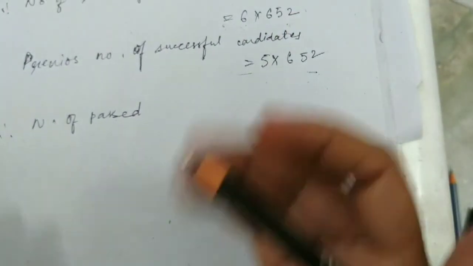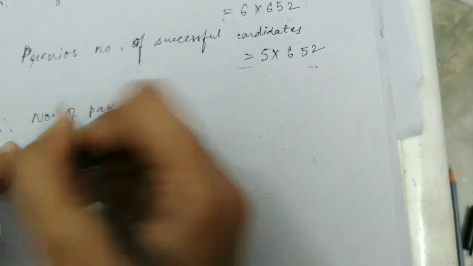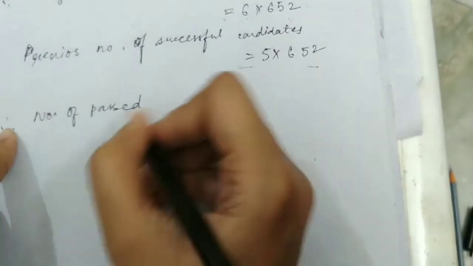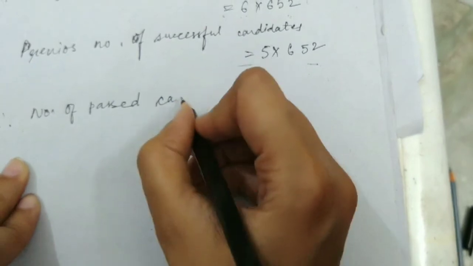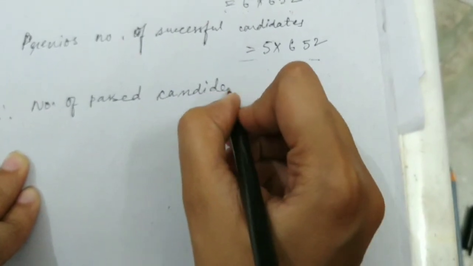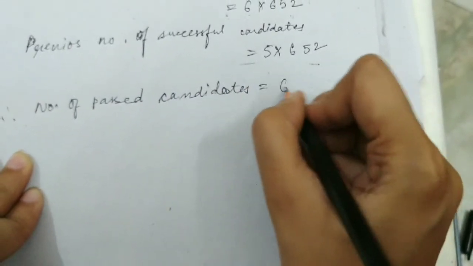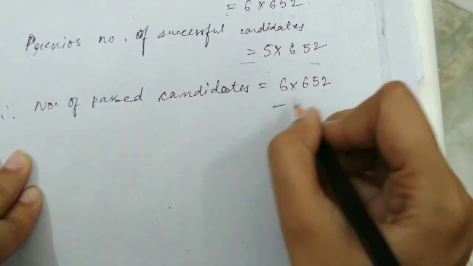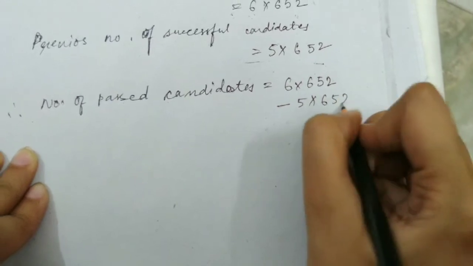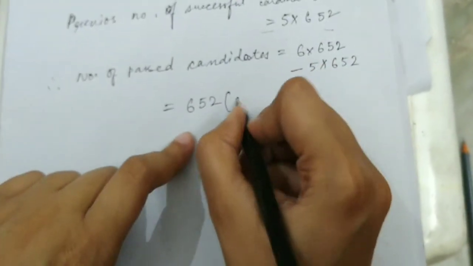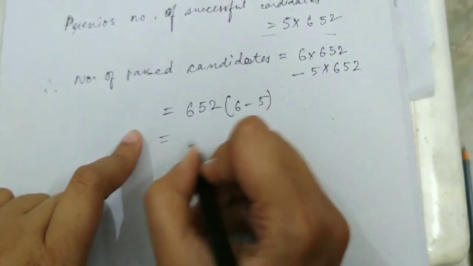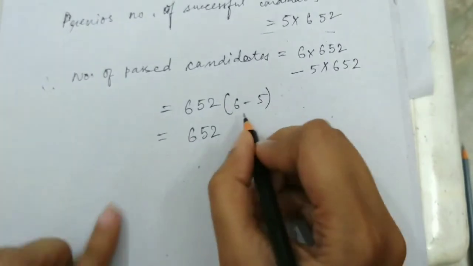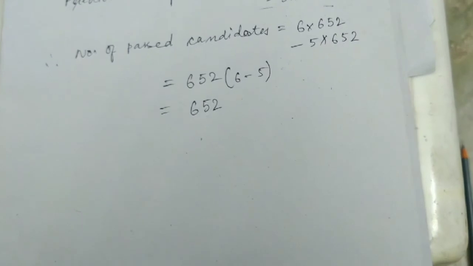So more candidates passed this time. So the extra number of passed candidates is 6 into 652 minus 5 into 652. You can easily do this as 652 into 6 minus 5, and that is only 652 into 1. So this is only 652.